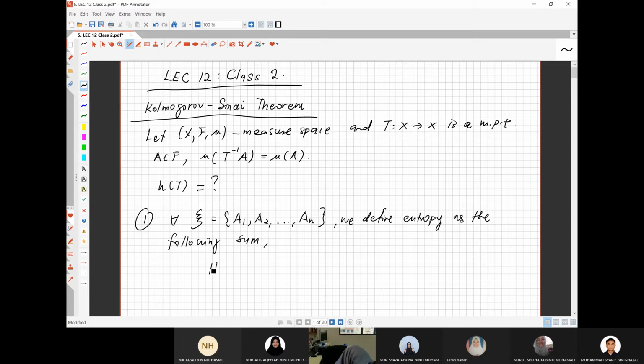That is, the entropy of the partition psi is equal to the summation of i from 1 to n of mu of a_i multiplied with the log of mu of a_i. So this is the first property. And we know that the entropy is non-negative.